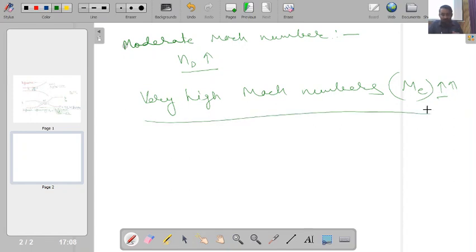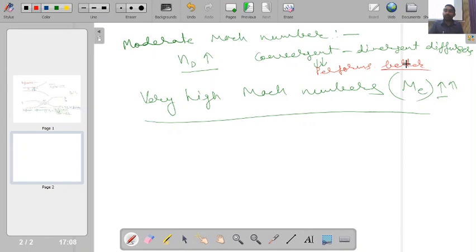Okay, so this is the main conclusion which people have found by doing multiple experiments: for moderate Mach numbers, we find that the convergent divergent type diffuser performs better in comparison to a shock wave type diffuser.